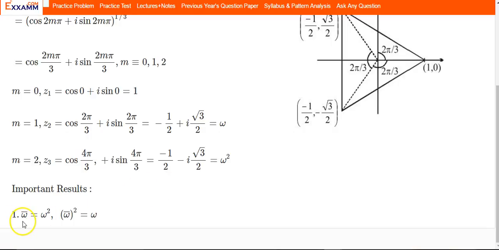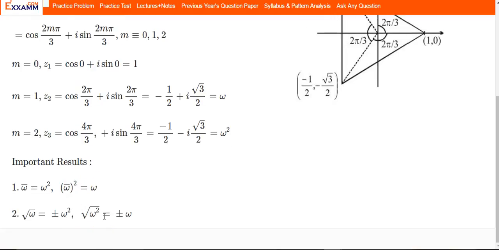So we can very safely say that omega bar is equal to omega square, and omega bar whole square, that is omega square whole square, is equal to omega to the power 4, which is omega. There are some other obvious results, like the root of omega is equal to plus minus omega square, and the root of omega square is equal to plus minus omega. You can always check these results on your own. I am not explaining them here.